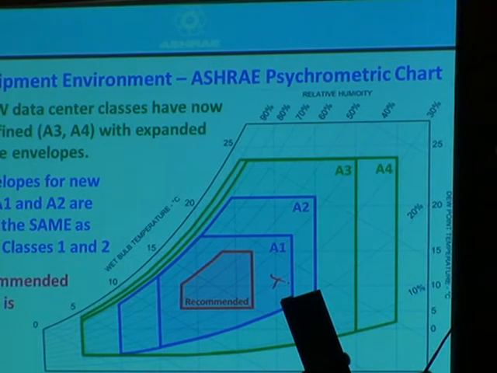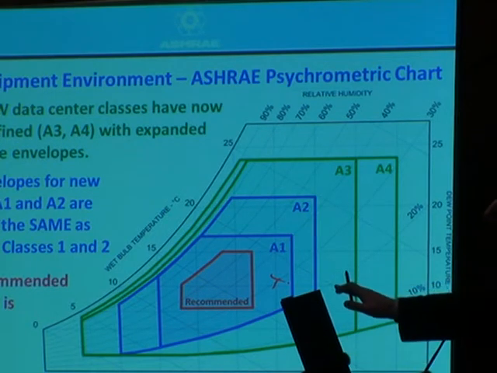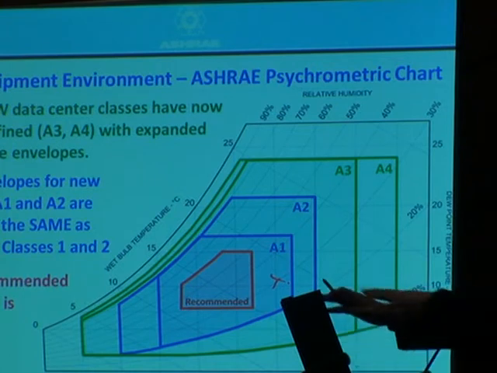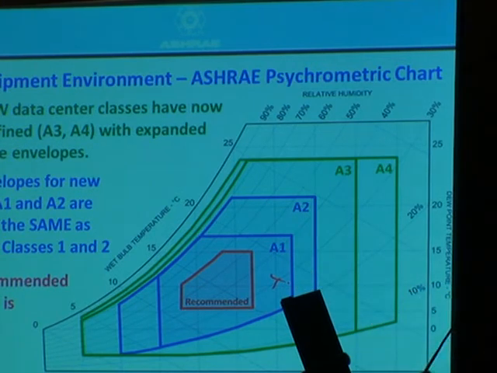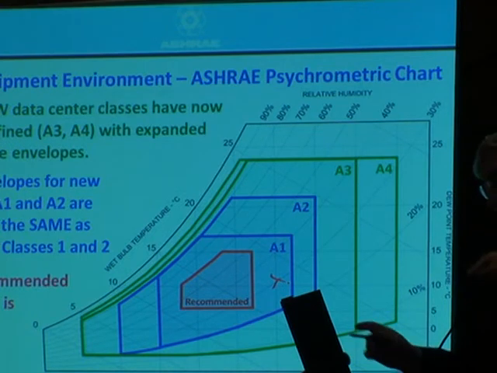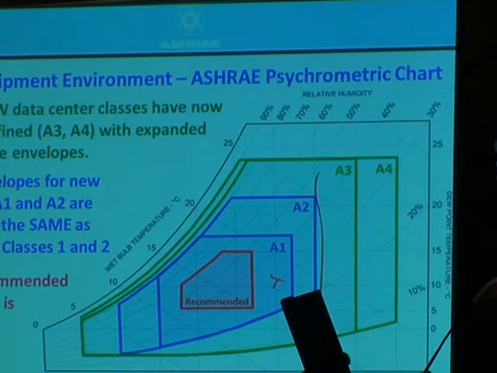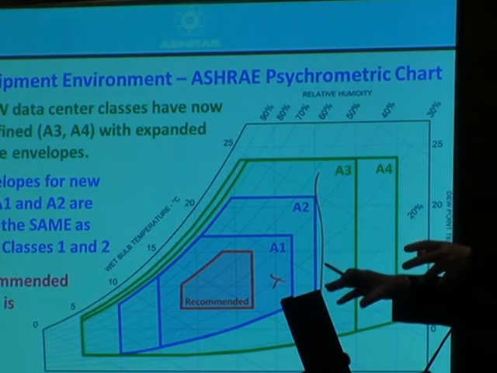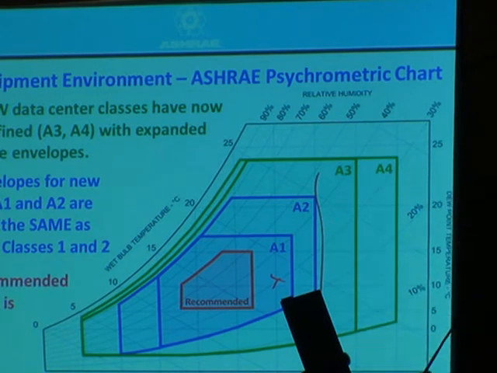Again, this is a recommended envelope. For most of the year, we'd like to stay in it. But if you fail the air conditioning unit and it gets hot in this area for short periods of time until you fix it, that's okay, as long as you don't exceed the allowable limits. If it takes you a week to fix that air conditioning unit, it's fine. Fix it, put it back in, and keep your IT equipment running all the time.